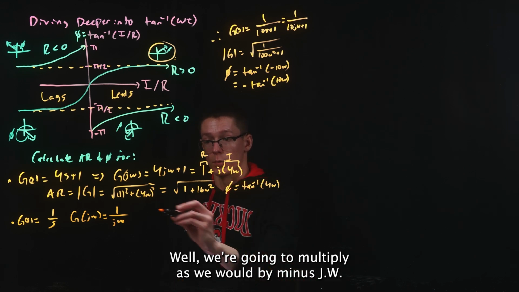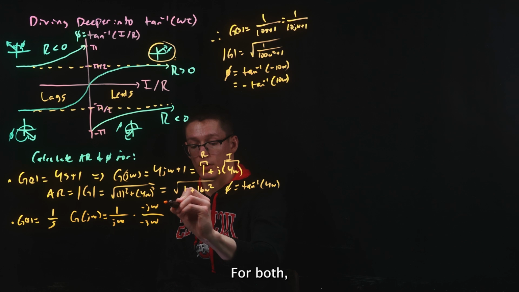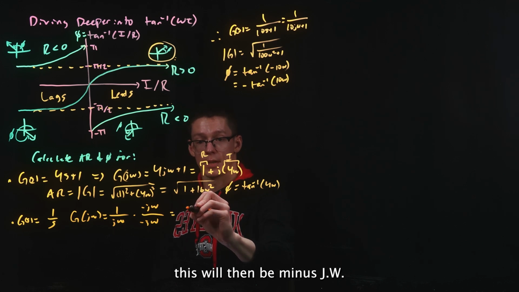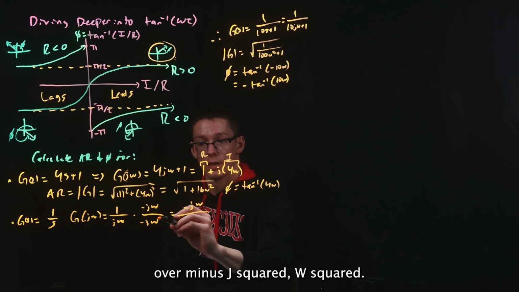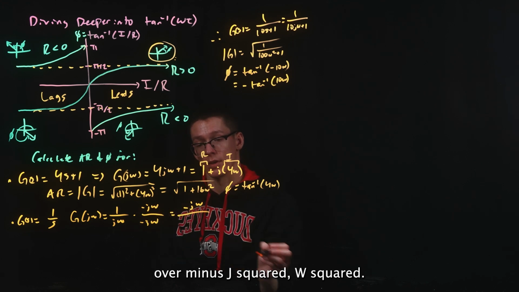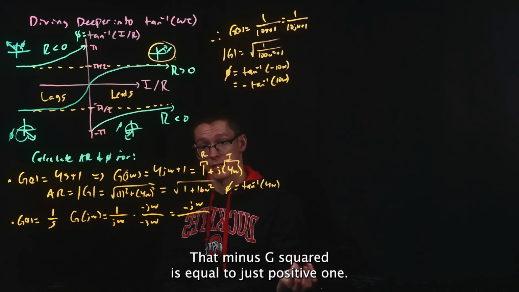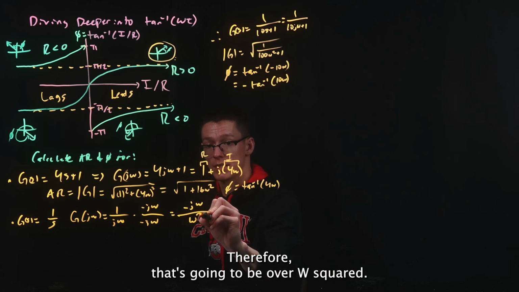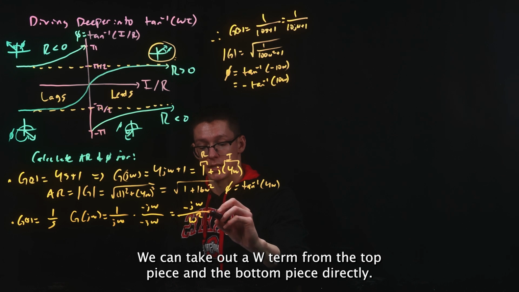Well, we're going to multiply by minus jw for both. This will then be minus jw over minus j squared w squared. That minus j squared is equal to just positive 1. Therefore, that's going to be over w squared.